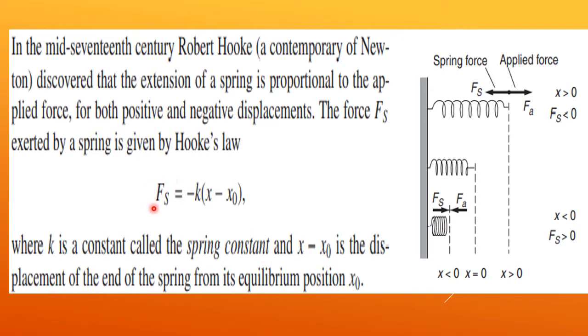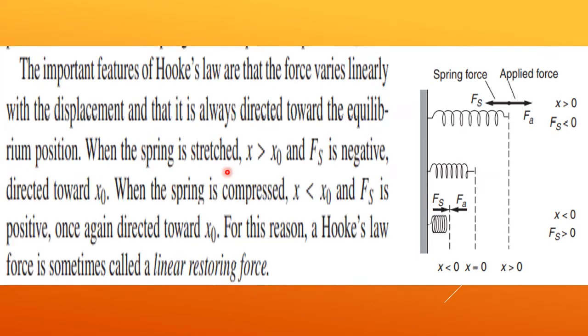That means Fs is directly proportional to the displacement. x0 is the equilibrium position, and x - x0 is the displacement of the end of the spring from its equilibrium position x0. So the extension of a spring is directly proportional to the applied force. This is called Hooke's law.